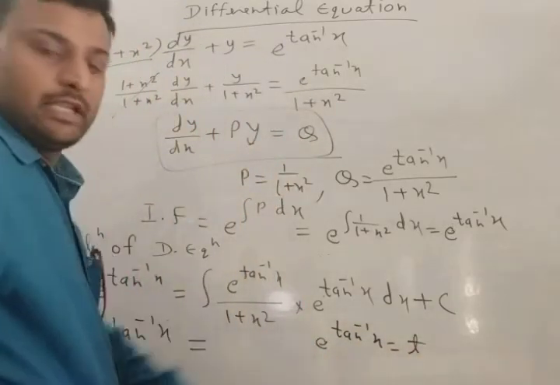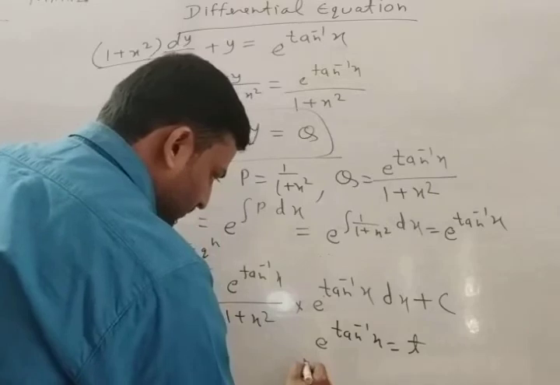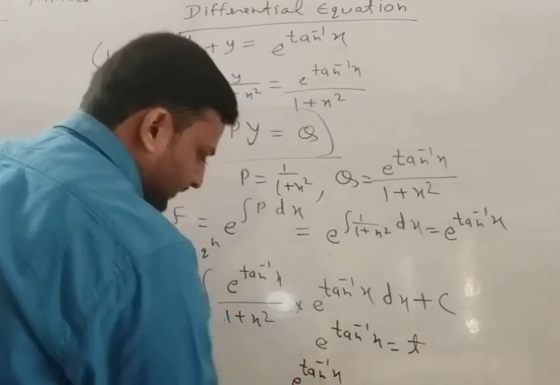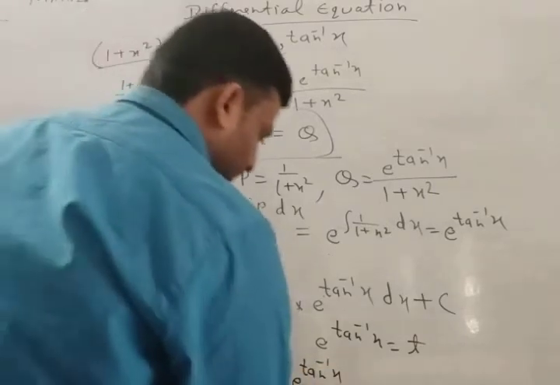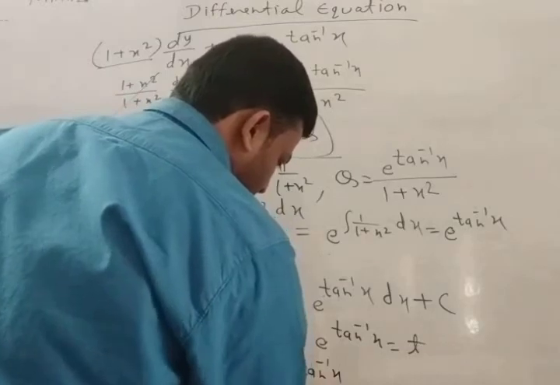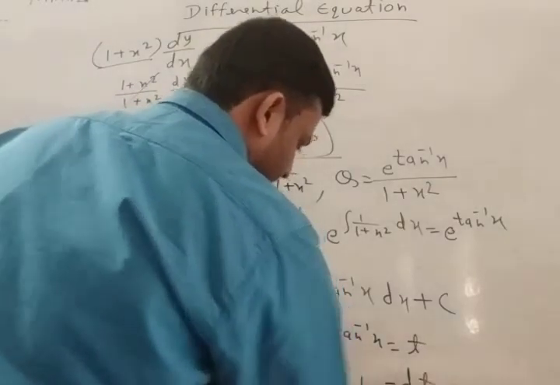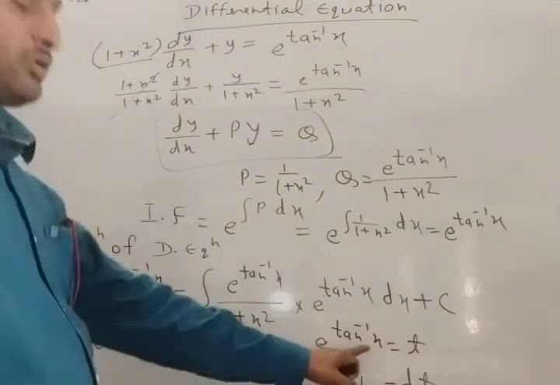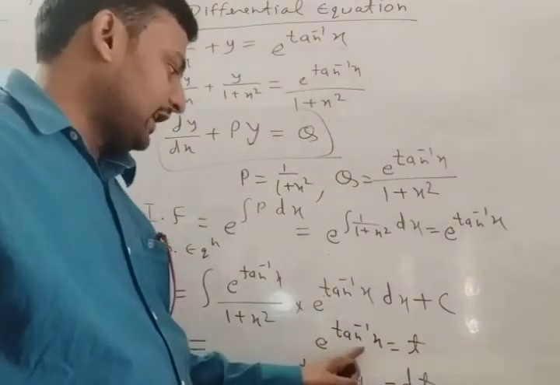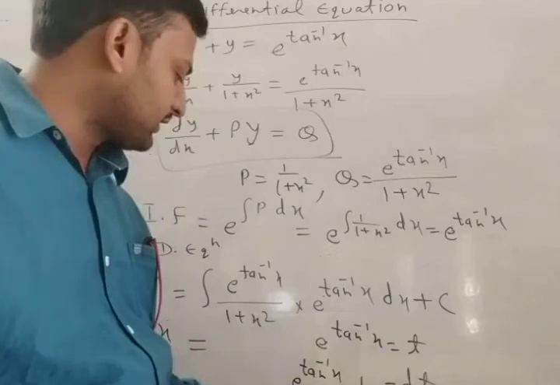Now differentiating this, we get e to the power tan inverse x by 1 plus x square dx is equal to dt, since the differentiation of tan inverse x is 1 by 1 plus x square.